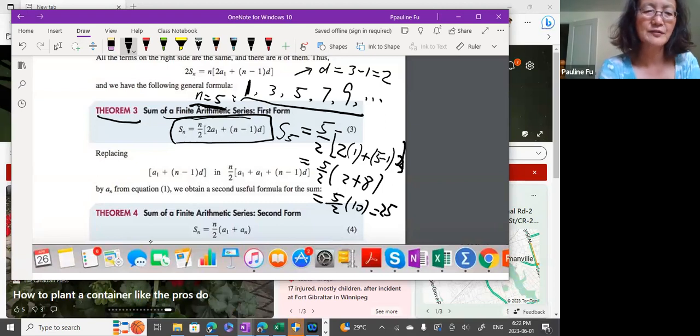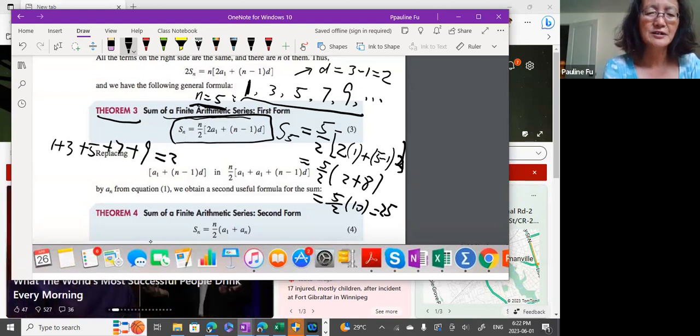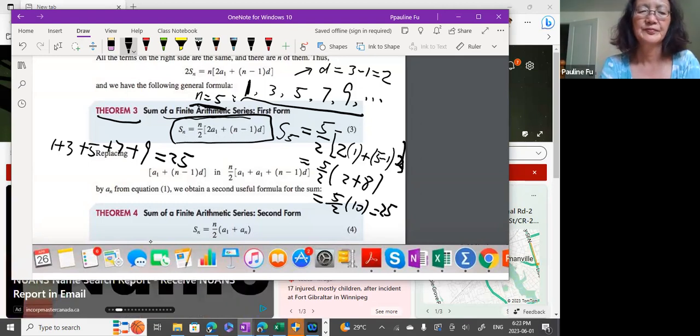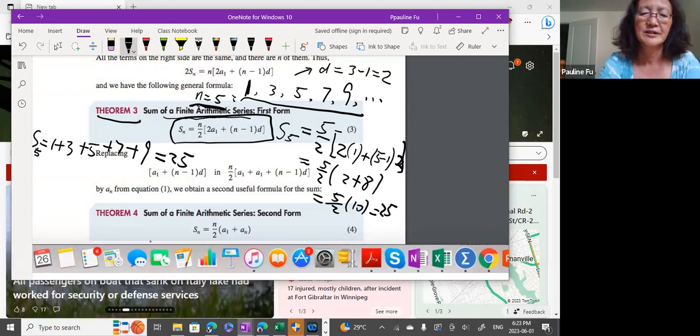You can verify. If 1 plus 3 plus 5 plus 7 plus 9, you do the addition, the result must be 25. And this sum we call S5. And this is the first form.